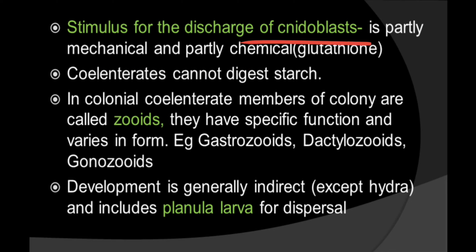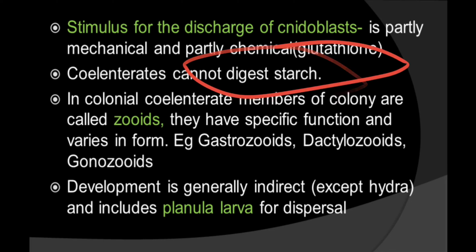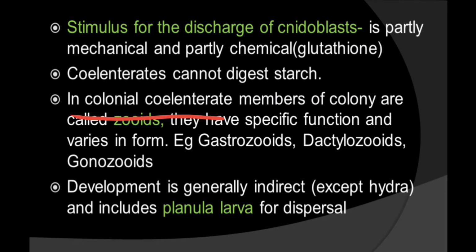Alright. Now coelenterates cannot digest starch because the digestive enzyme amylase is not present in these animals. Now if you see the colonial coelenterates, you will observe members of the colony known as zooids. These zooids have specific functions and they also vary in form.